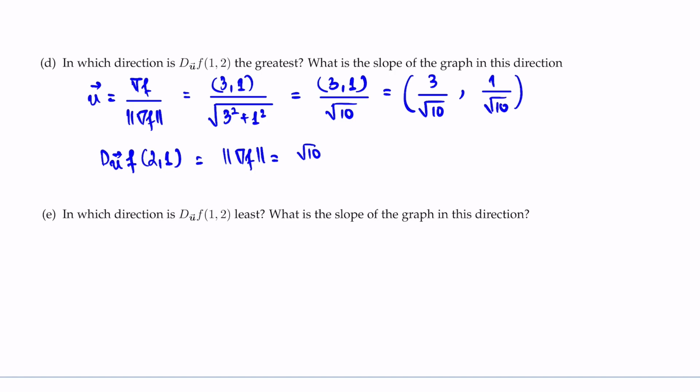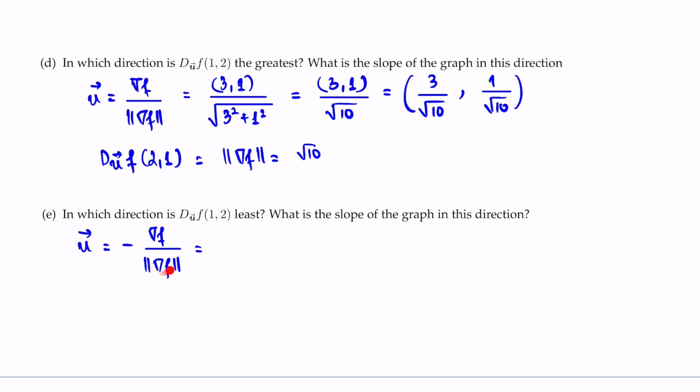Again, from the discussions of the properties of the gradient vector, we know that when theta is equal to pi, or cosine of theta is equal to -1, that is, the gradient vector and the unit vector u point in opposite directions. So you have the gradient vector already, and you want to find the direction where the directional derivative is the least. That is u equal to negative of gradient of f divided by the magnitude of gradient of f.